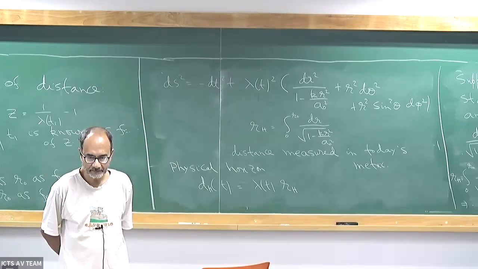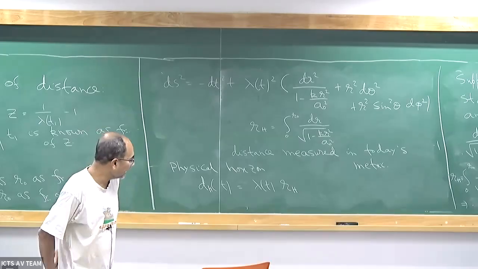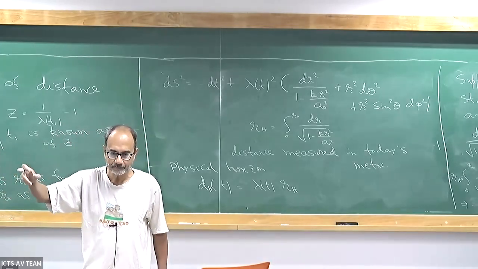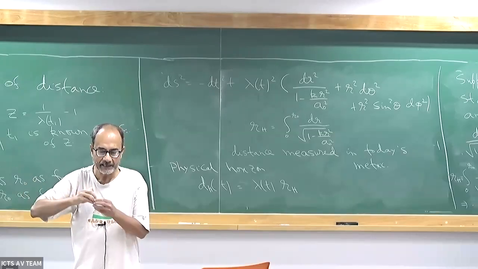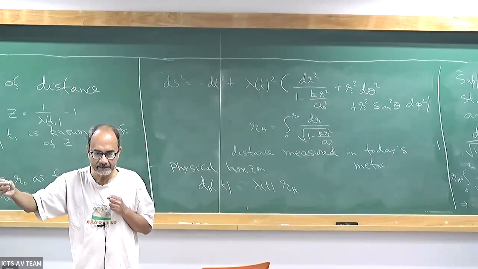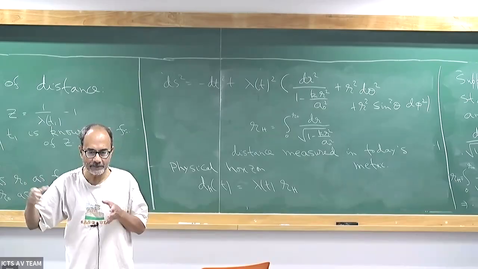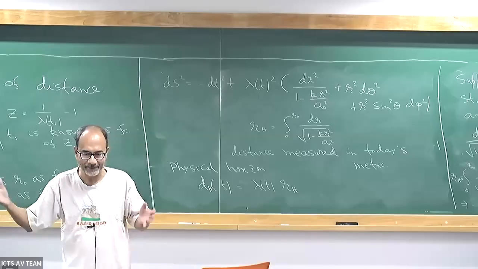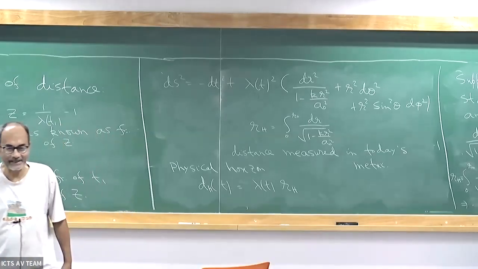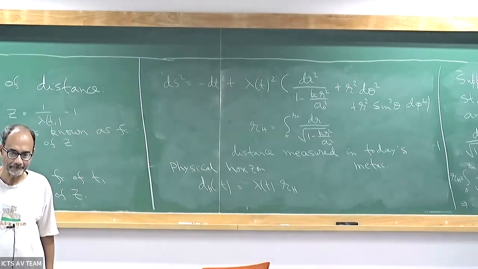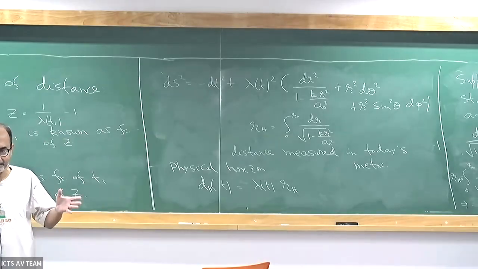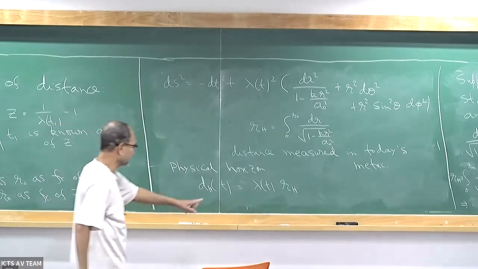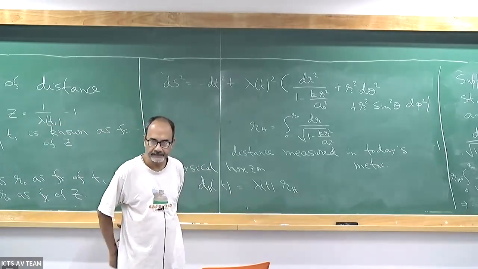But what is then DH? DH is that when the light, suppose somebody took a meter scale at that time and measured this distance. The meter scale has to be done using atoms and molecules, not by a physical meter, because there's nobody there to use a physical meter. But take the wavelength of some light at that time and measure this distance. That will be this lambda of t times RH.